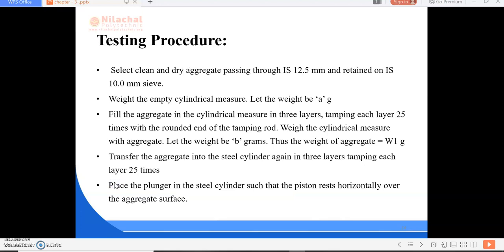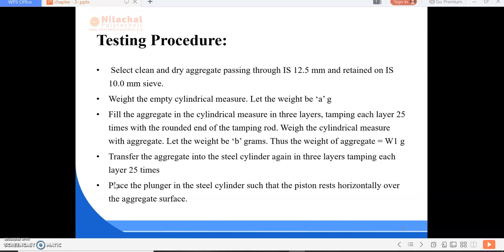Now we are going to study the testing procedure. How will we conduct the test? Select clean and dry aggregate passing through the IS 12.5 mm and retained on the IS 10 mm sieve. As I said before, we always have to take dry aggregate for construction of roads. Weigh the empty cylindrical measure; let the weight be A grams.